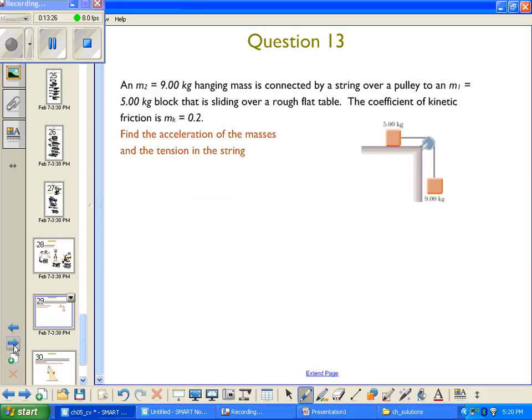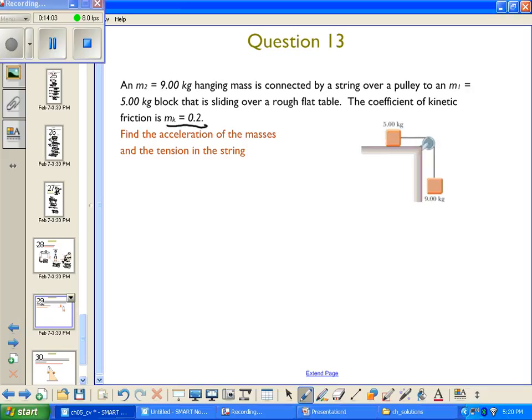Next problem. Here we have a situation that is somewhat similar to the Atwood machine, in that we have two blocks that are connected by a string that passes over a frictionless pulley. However, one of these blocks lies on the surface of a rough horizontal table, and so there's friction, and we're told the coefficient of kinetic friction in this case, so we have to take that into account.